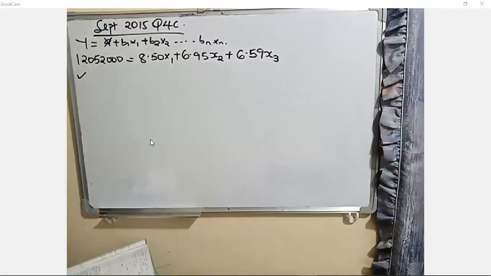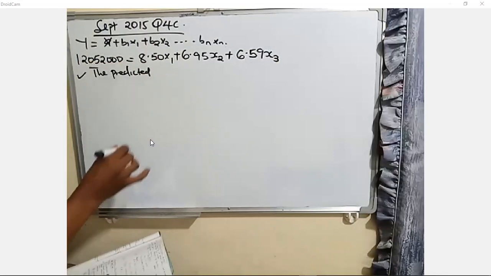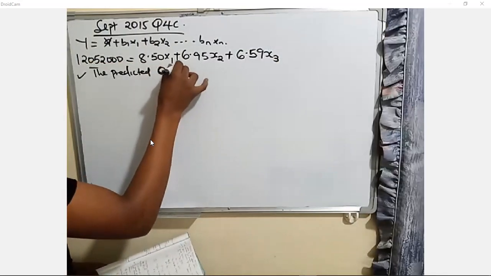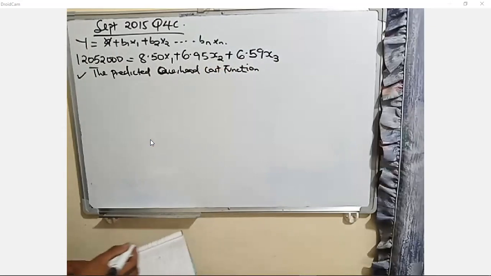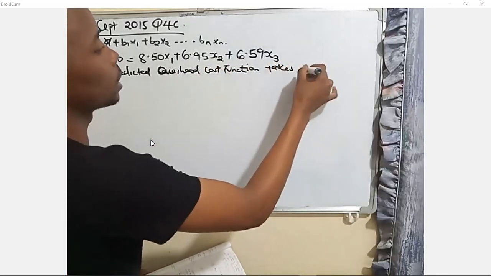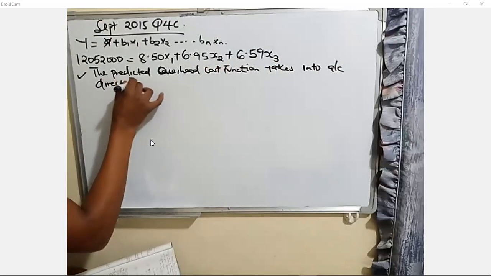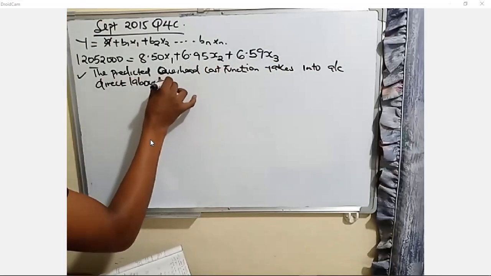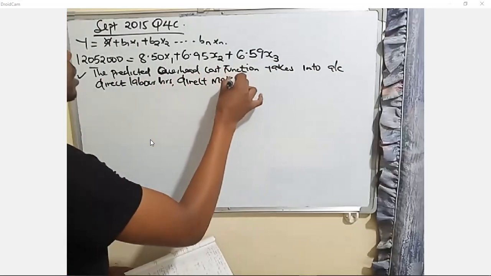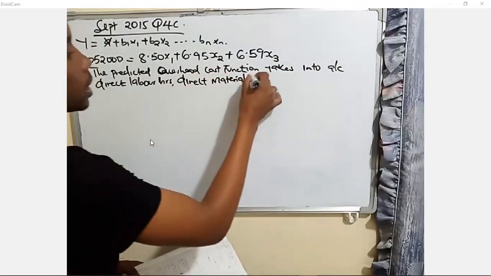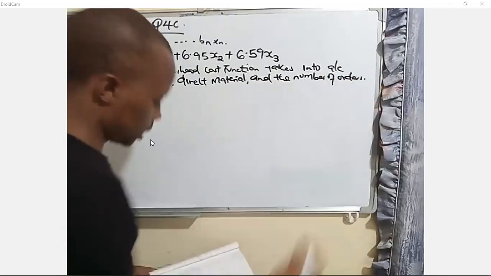I will explain to this examiner that the predicted overhead cost function takes into account direct labor hours, direct material, and the number of orders.